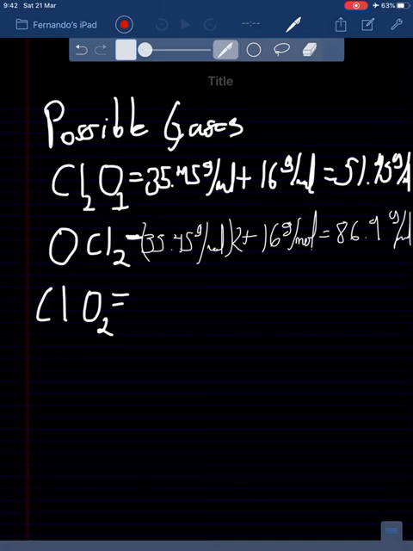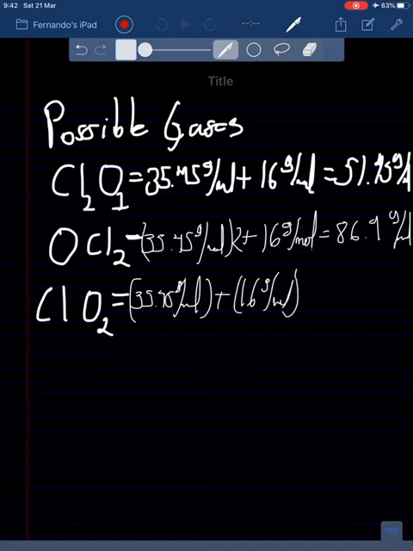If I perform the same operation for the next gas, I'm going to have 35.45 grams over mole plus 16 grams over mole, but this times 2. And what I get is 67.45 grams over mole. Very well.